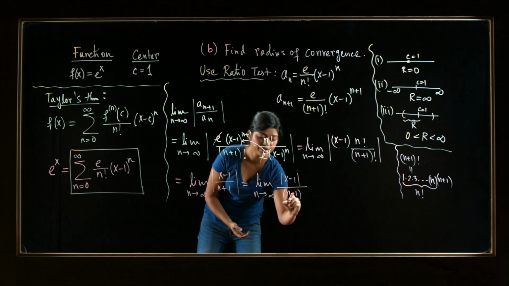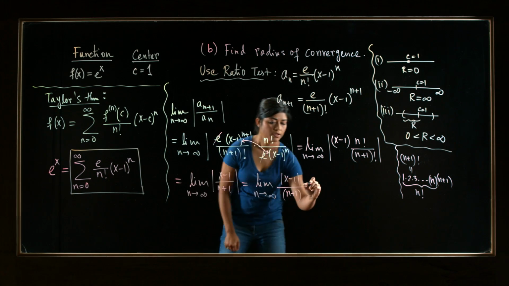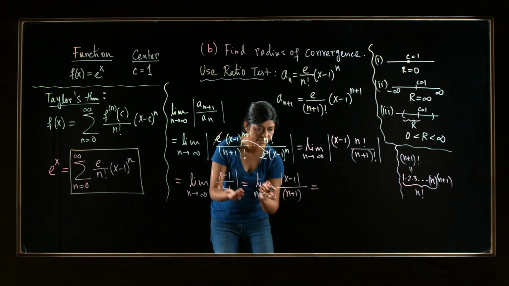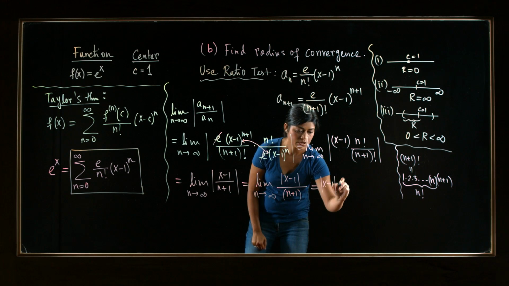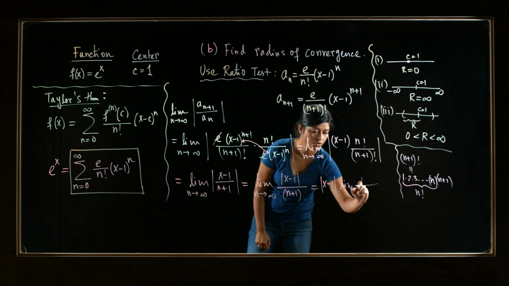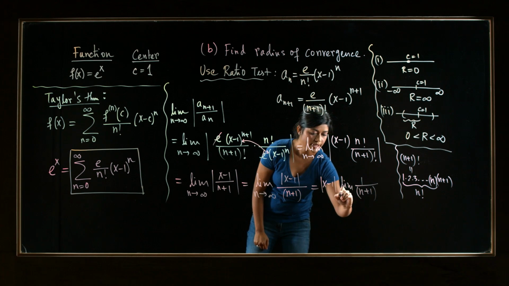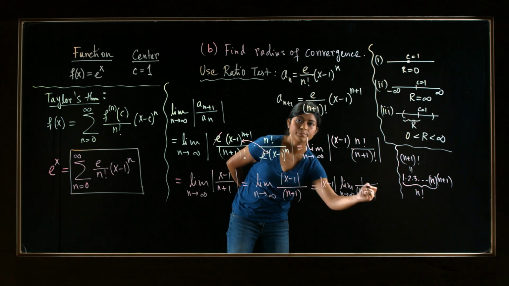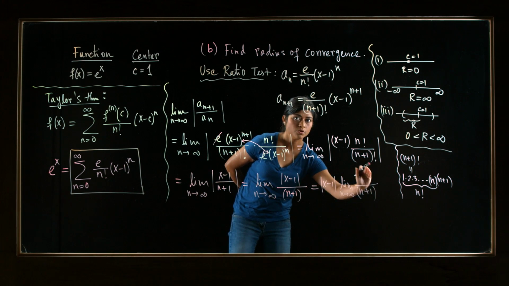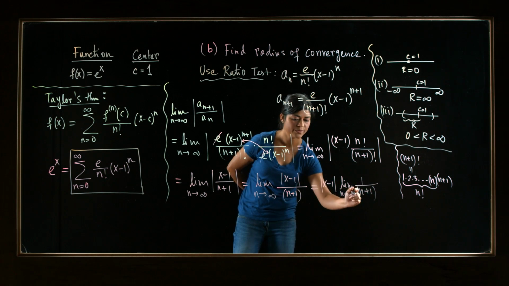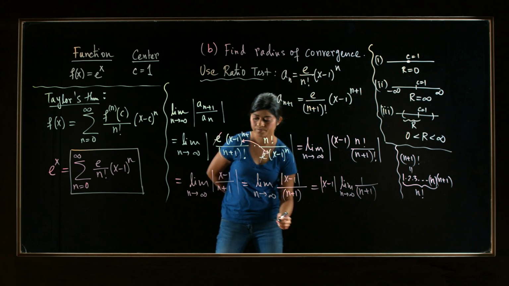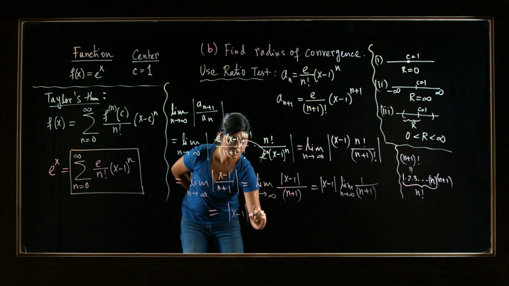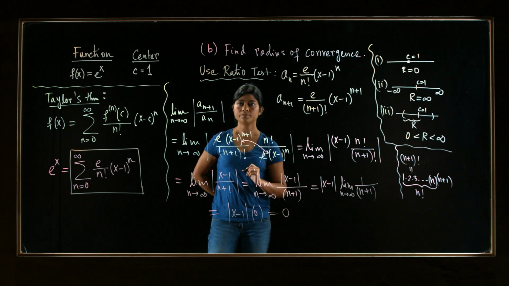So we don't need absolute value against n plus 1. Now the absolute value of x minus 1 is a constant. Pull it out, and we will be left with the limit of 1 over n plus 1 as n goes to infinity. The denominator is getting big, so the whole thing is getting small. That means this limit is 0. So this is equal to absolute value of x minus 1 times 0, which is 0.